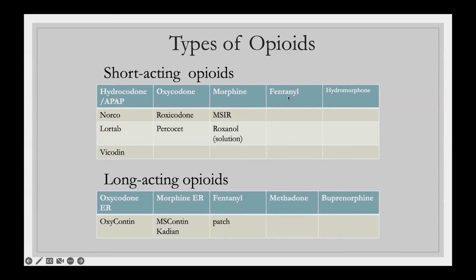Fentanyl is a short-acting medication, but it's usually in IV form when it's in the short-acting component. So that's usually given in the operating room or in the hospital somehow. And hydromorphone is like Dilaudid, which is also mainly in the IV formulation. When you hear about street drugs, oftentimes nowadays you'll hear about fentanyl being mixed in.